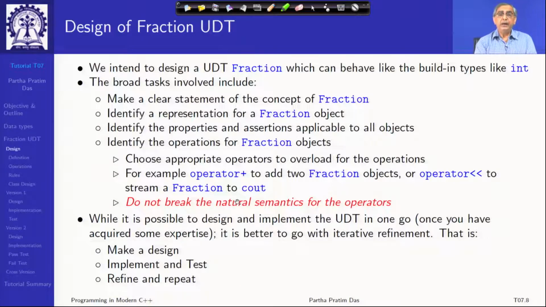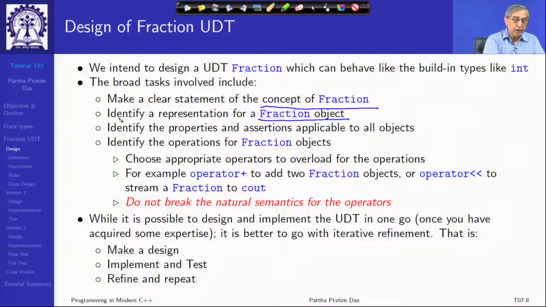So, what are the issues involved in this design? To design a UDT fraction which will behave like an int, the broad tasks are as follows. First, we need to have a clear idea about the concept of fraction. What we mean by fraction, we must be clear about that. We must identify a proper representation of a fraction object in the system, in the memory.